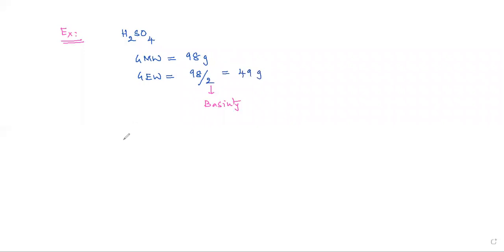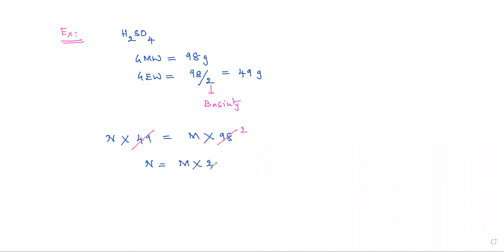Now let us use the formula normality into equivalent weight is equal to molarity multiplied by molecular weight, I mean gram molecular weight. Now in this case, it can be given as normality is equal to molarity multiplied by 2.